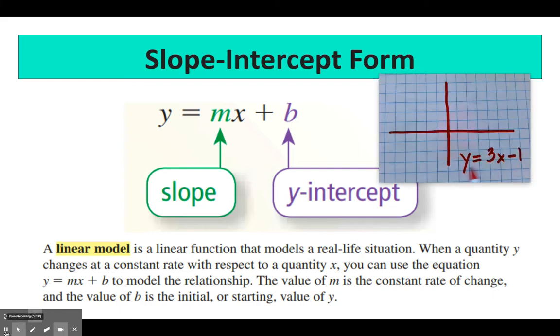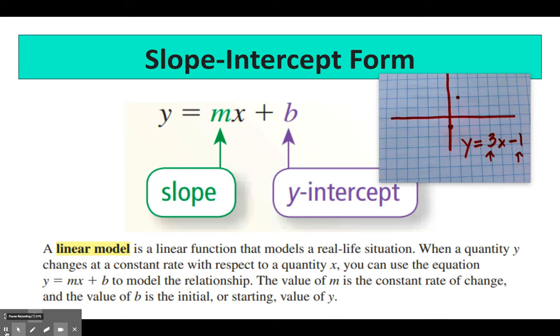So if we are graphing this equation, y equals 3x plus 1, you're going to notice that it is in slope-intercept form. So 3 is our slope, and negative 1 is our y-intercept. So it means if we go right here down to negative 1 on the y-axis, that's where it crosses, and from that point, we're going to go up 3, 1, 2, 3, over 1.